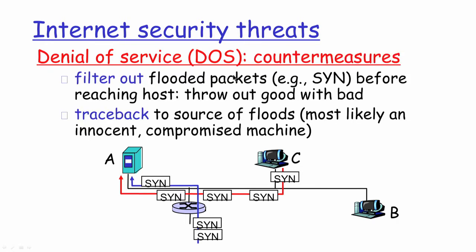So what kind of countermeasures do I really have? The firewalls today have a mechanism to filter out any kind of flooded packets that are coming in beyond a particular threshold level, right. All this is configurable at the firewall device, where I will say that within a particular duration of time, if I get the same type of packets, right, I will block that particular IP address for a certain period of time, right.